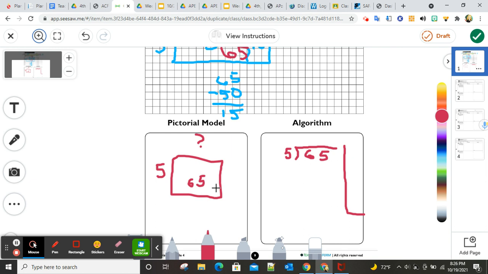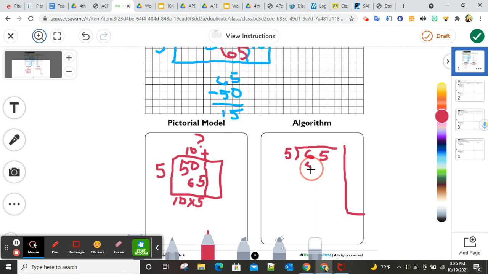And like up here, I know that 50 equals 10 times 5. So I'm going to go ahead and divide this and call this 50 because this is 10 times 5. So this side up here would be partially 10.